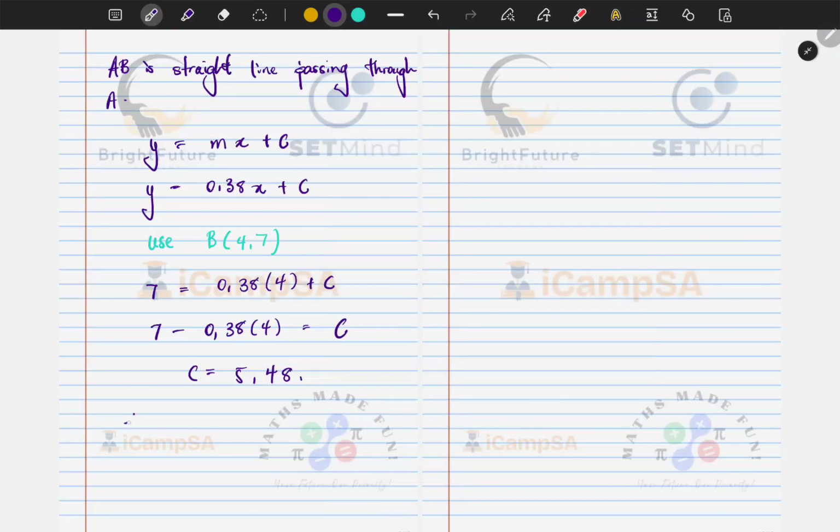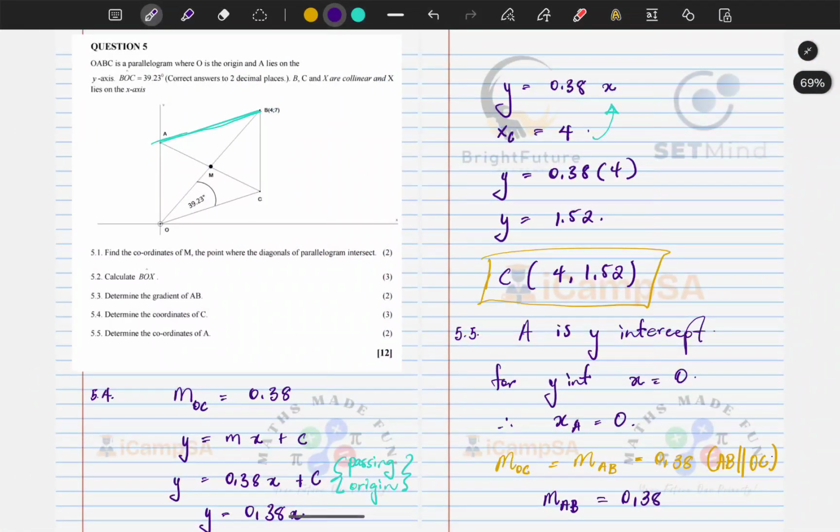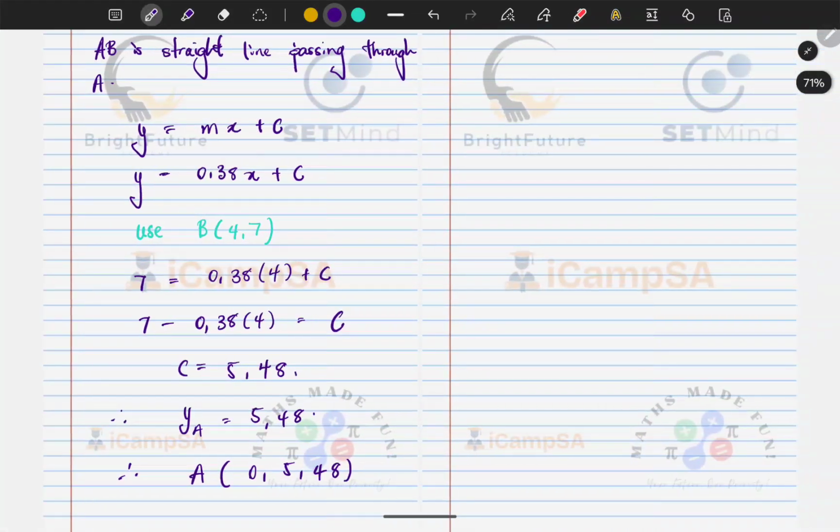Therefore, your y of A is going to be 5.48, and your coordinates are going to be (0, 5.48). The reason why we say c is going to be y of A is because this is where the graph passes through this point, right?